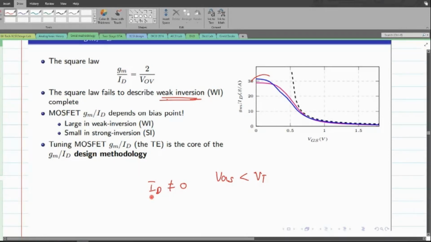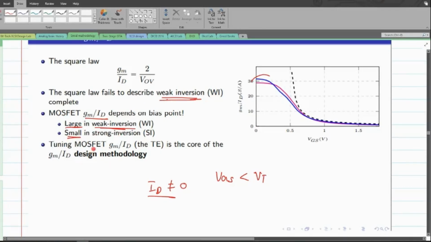Whenever the value of this GM over ID is large, then we say that the current is exponentially related, or in other words, that I'm in the weak inversion region. Whenever the GM over ID is constant or larger, we say that we are in the weak inversion region. Whereas whenever the GM over ID term is small, we say that we are in the strong inversion region.